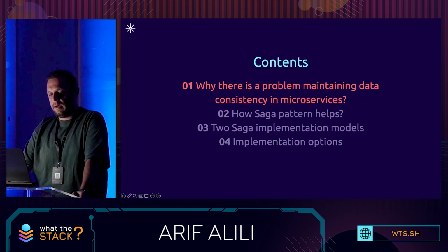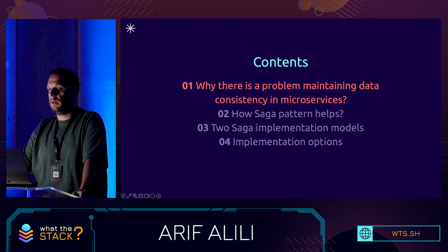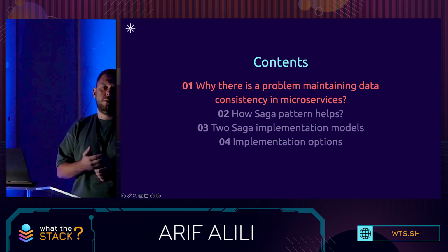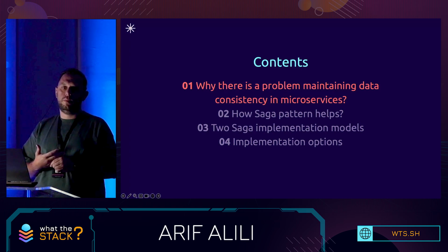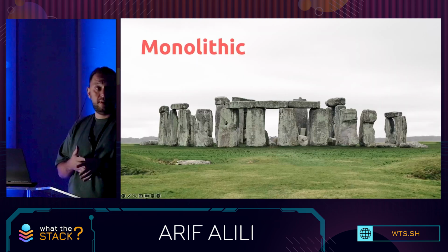So let's dive deep into the issue that we are going to talk about today, and that is maintaining consistency in different microservices. To understand this issue, we first need to go back in time, where everything used to be simpler.